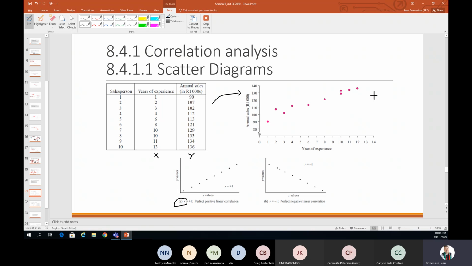So if you look at this one, it would have been a negative straight line because it would have had a negative in front of a slope. So then we call it a negative correlation. So basically, if it is a positive slope, it is a positive correlation. If it is a negative slope, it is a negative correlation.